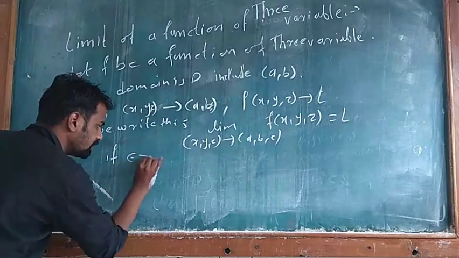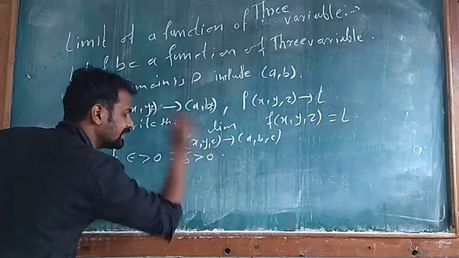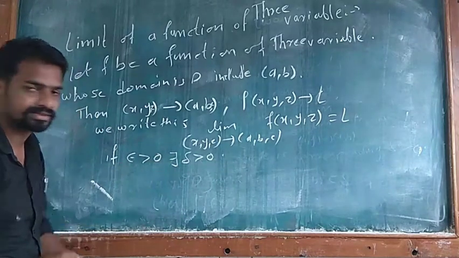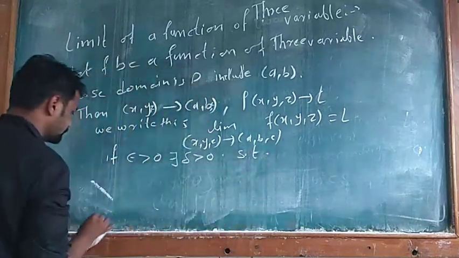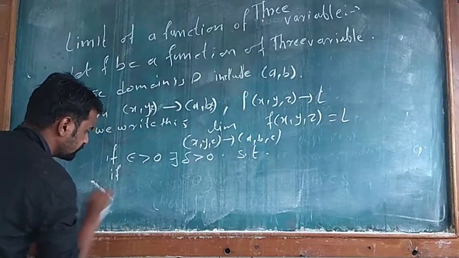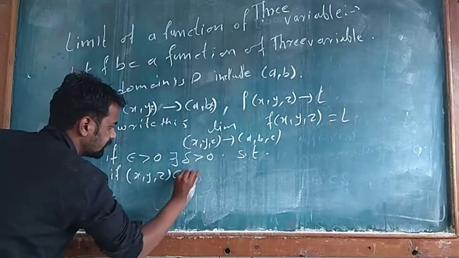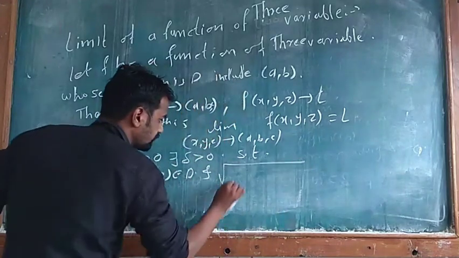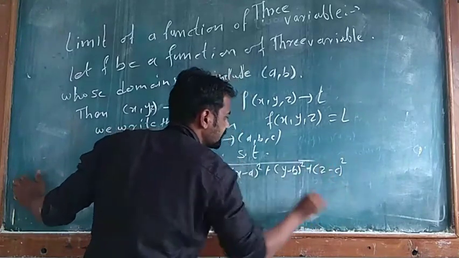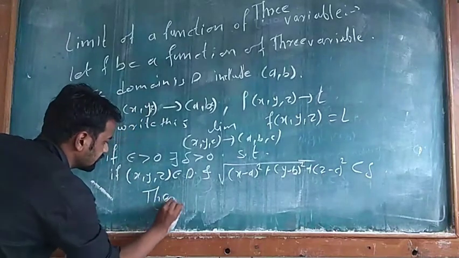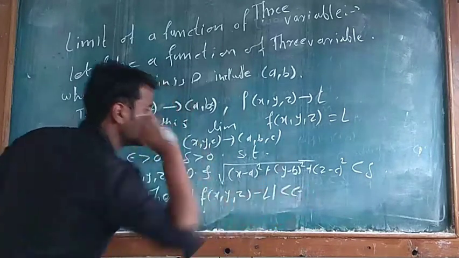if for every epsilon greater than 0 there exists delta greater than 0 such that if (x, y, z) belongs to D and the square root of (x minus a) squared plus (y minus b) squared plus (z minus c) squared is less than delta, then mod of f of (x, y, z) minus L is less than epsilon.